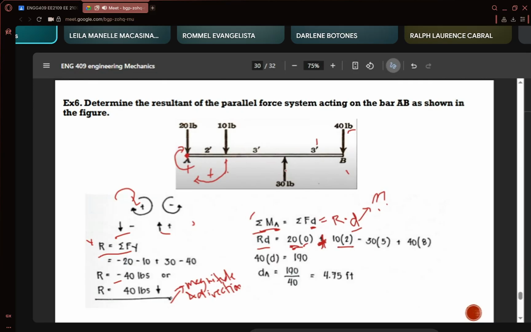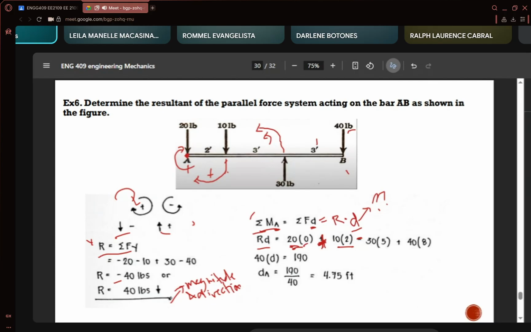All right, next one, you have the 30-pound force. So again, try to extend the arrow and then curl it towards your reference point. So what will be this tendency? This is counterclockwise. That's why it's negative. And then the force is 30 pounds, so 30 times the distance.